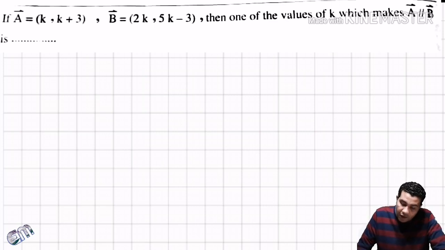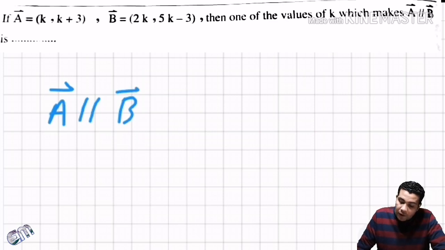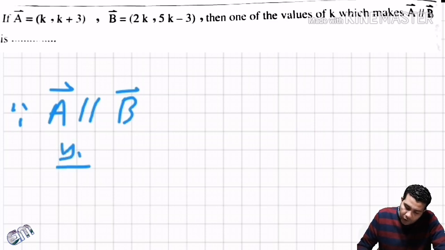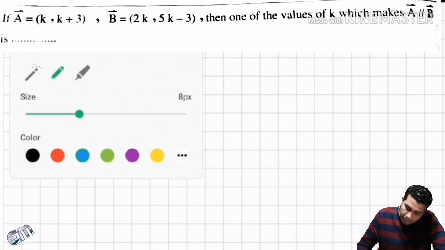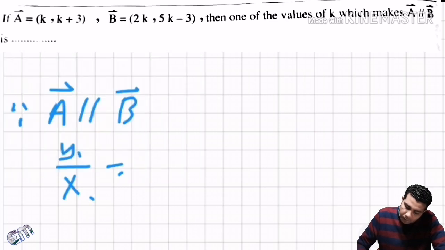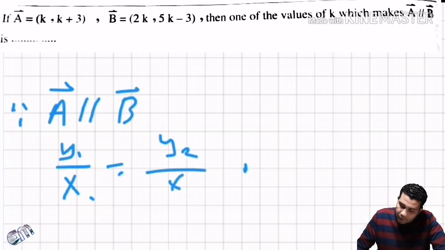If the two vectors are parallel, a vector parallel to b vector, therefore m1 of the first vector equals m2 of the second vector, or tan theta 1 equals tan theta 2. Therefore y1 over x1 equals y2 over x2.